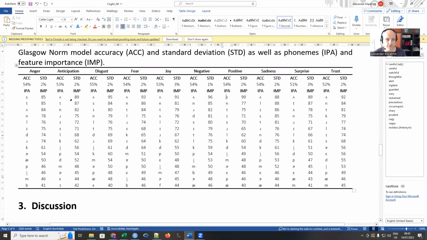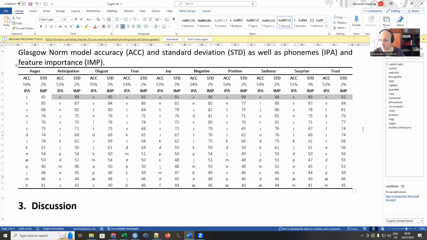The number one caveat is that phoneme frequency seems to be really, really important, seems to be contributing to the feature importance, particularly in the NRC models. If you recall, the low mid back vowel is the most common sound in the data sets.